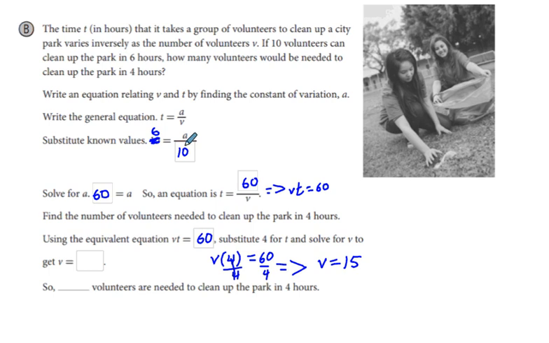So whereas it took 10 volunteers to clean up the park in 6 hours, it's going to take 15 volunteers to clean up the park in 4 hours. So we get v equals 15, and so 15 volunteers are needed.